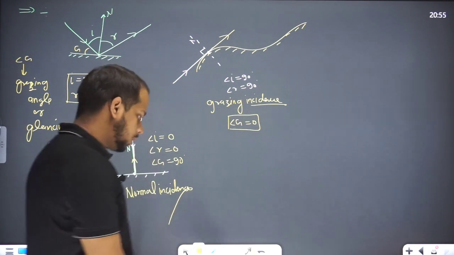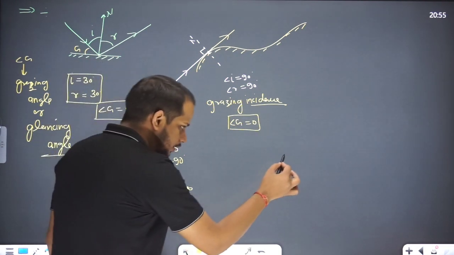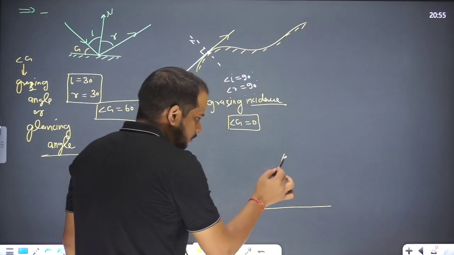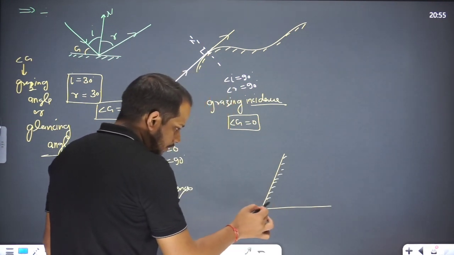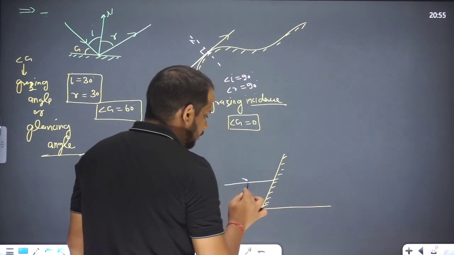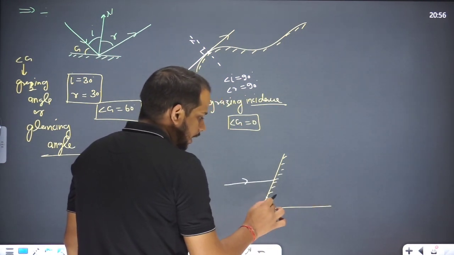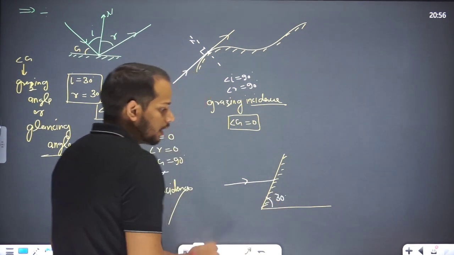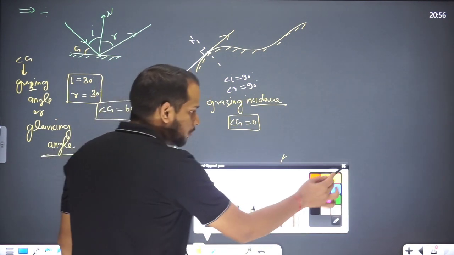Now let's see. If I am saying this is a surface we have, and light is incident on this one, like the light is incident over here, and the angle is what? We can say 30 degrees. So we have to find I and R. First we have to draw the normal over here.